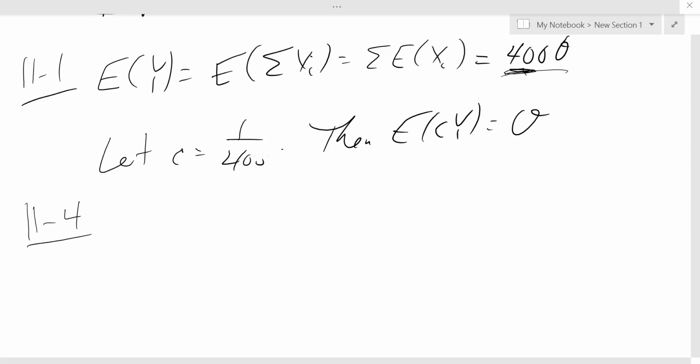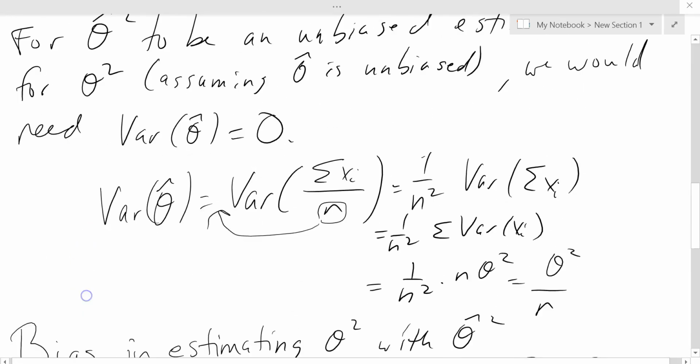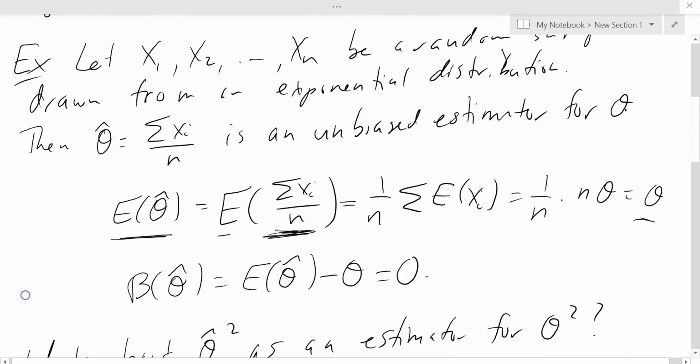Number two is that the sample mean happens to be unbiased. We did that up here. When we did the expected value of the sample mean, we got the parameter.